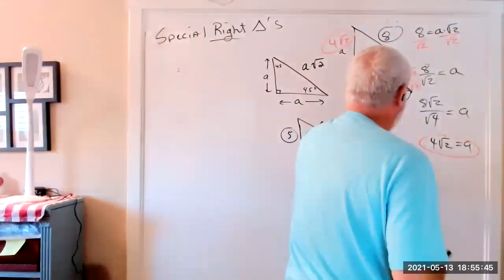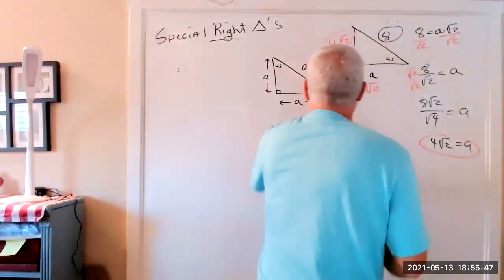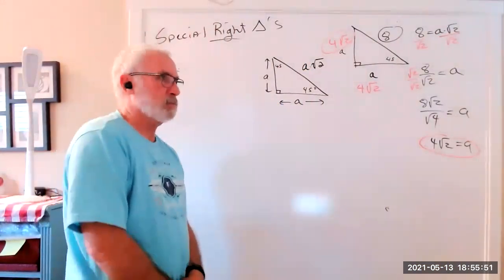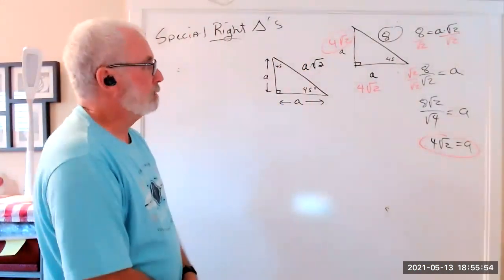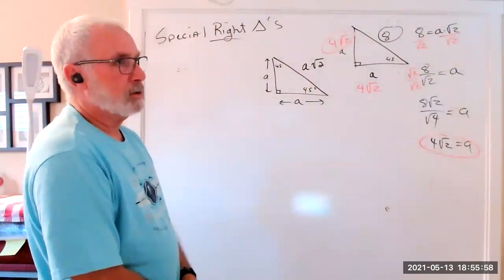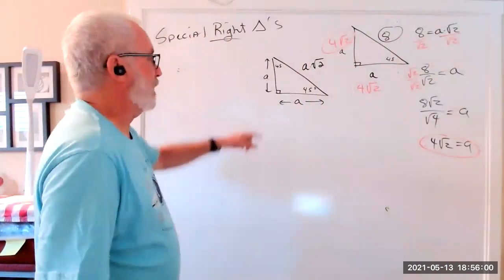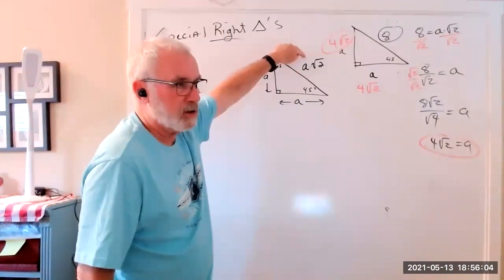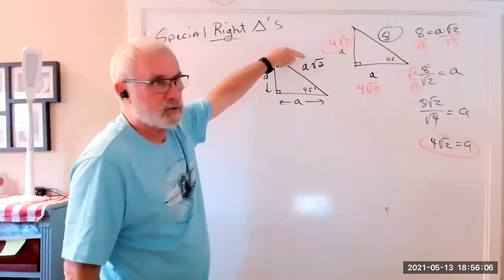Somebody else had a comment. Oh, I was just wondering the same thing. Are you okay? Did my answer satisfy you? Yes. Okay. Anybody else? That's the hardest thing. Going from leg to hypotenuse is easy. You just multiply it by radical 2.